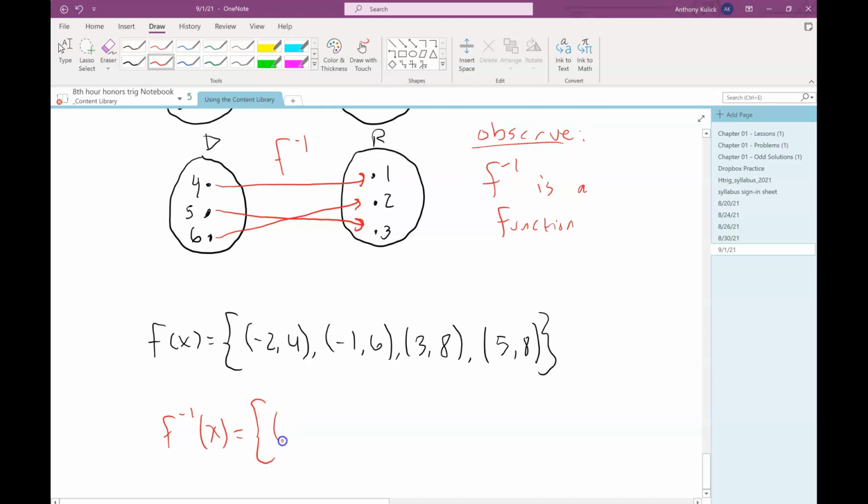So in F inverse, 4 has to go back to -2. -1 goes to 6. So 6 has to go back to -1. 3 goes to 8. So 8 goes to 3. And then 5 goes to 8. So 8 goes to 5.